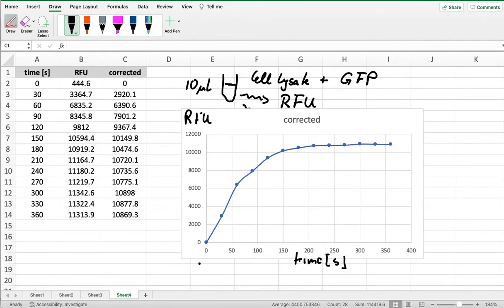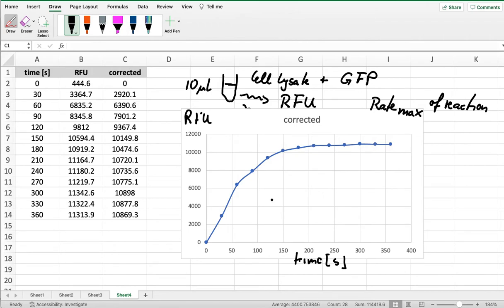So in other words, what we are looking for is basically the rate of the reaction. I'll write that down. The rate, and we probably go for the maximum rate of the reaction. And that is what we are looking for.